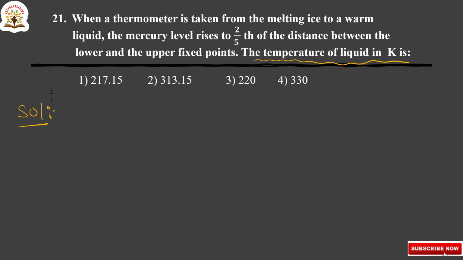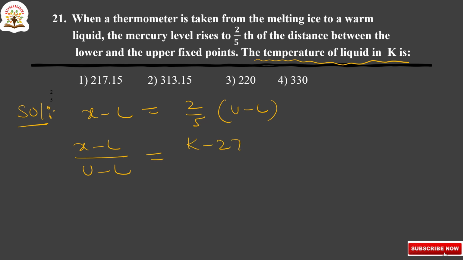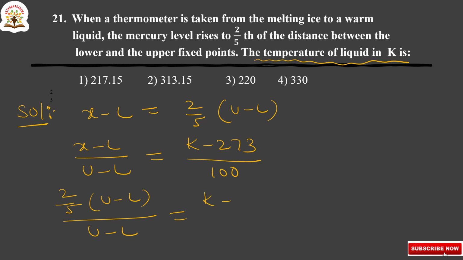Here they given x minus L is equals to 2 by 5 of U minus L. So x minus L by U minus L is equals to K minus 273 by 100. In the place of x minus L, they given 2 by 5 of U minus L, by U minus L is equals to K minus 273 by 100.